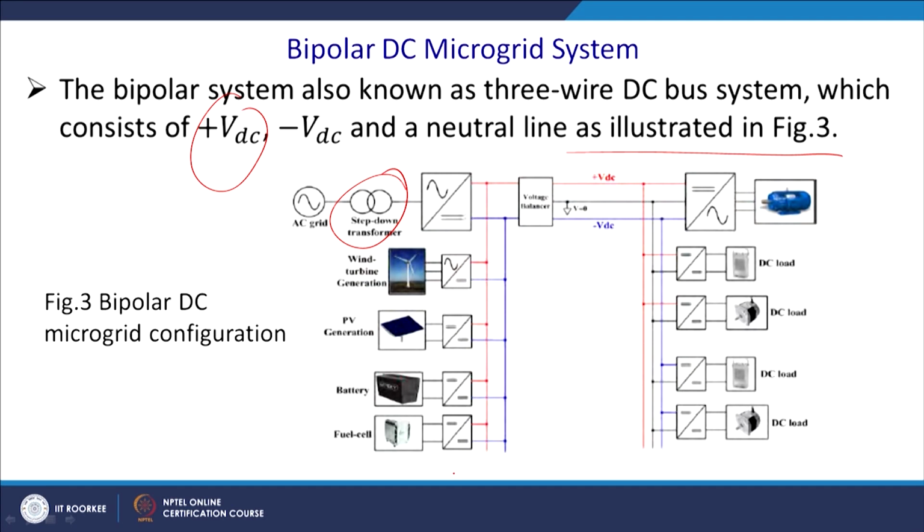In between, you generally ground it. So, this will be your plus VDC, this will be your high voltage and this will be your low voltage, and this potential will be 0, and you will have a bipolar line.